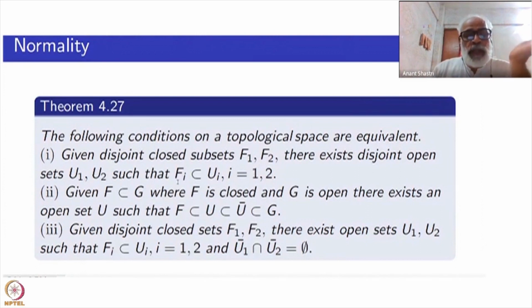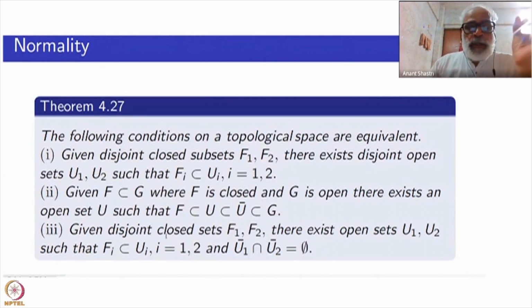Then 2 and 3 imitate the 2 and 3 of the previous theorem. Given F inside G, where F is closed and G is open, there exists an open set U in between them, such that F is contained inside U, contained inside U bar, contained inside G. So this is condition 2.